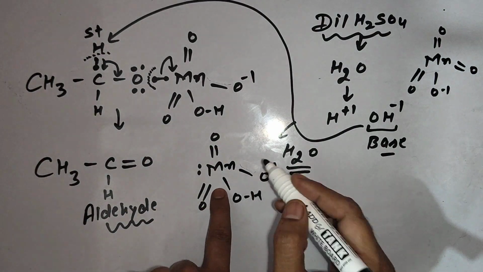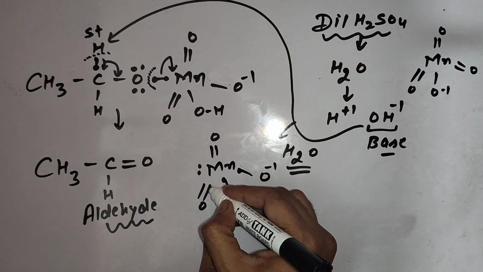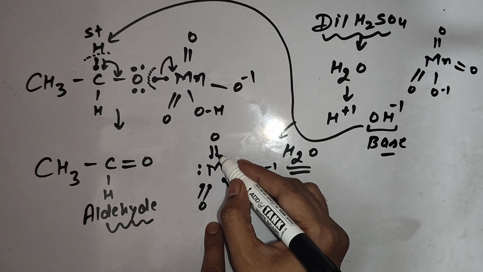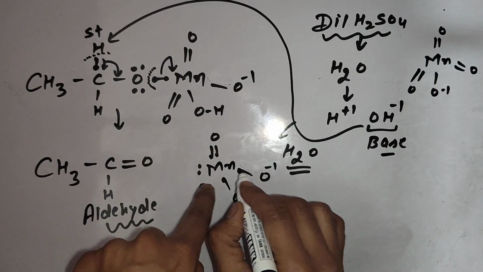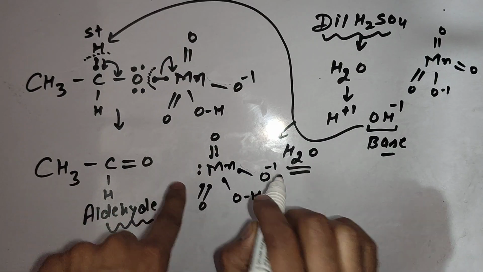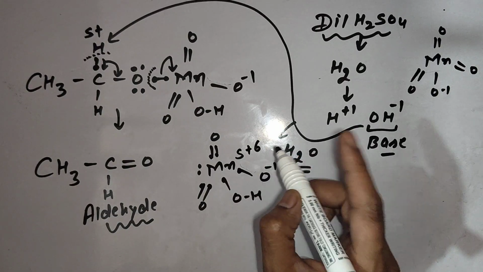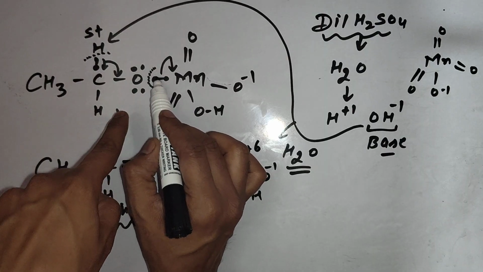Now please check, what is the oxidation state of Mn here? 1, 2, 3, 4, 5, 6. 6 electrons it is sharing with oxygens, and we know these 6 electrons are going toward oxygen, due to which it will carry a partial +6 charge, but wait, 1 extra electron it has got from the oxygen side.